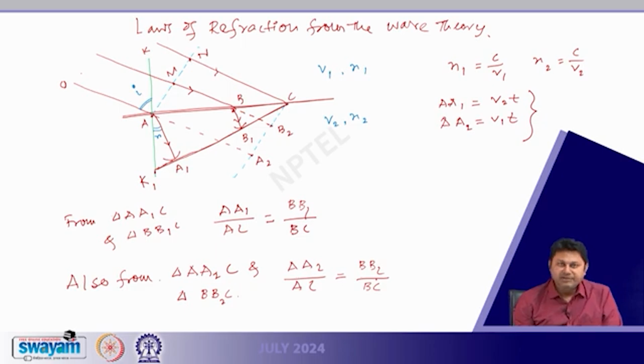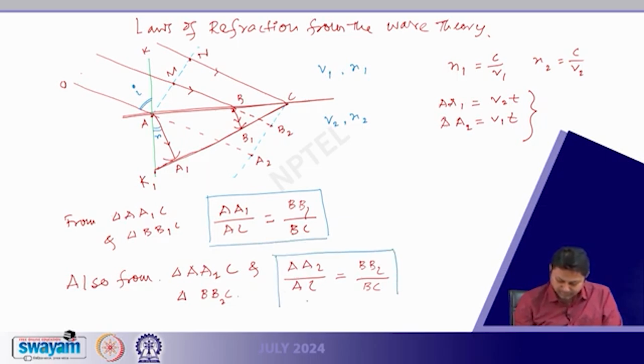Just taking these two angles like before, I can have two important expressions, one is this and another is this. Now, once we have this, then the rest of the part is straightforward.